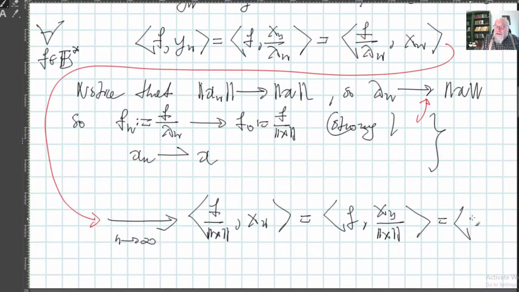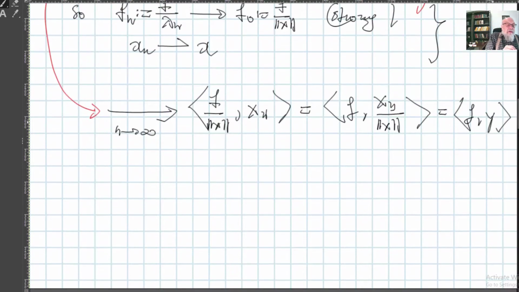And we just showed that this is true for every f, so we just showed that indeed yn is convergent weakly to y. So yn is convergent weakly to y, and we are almost done.